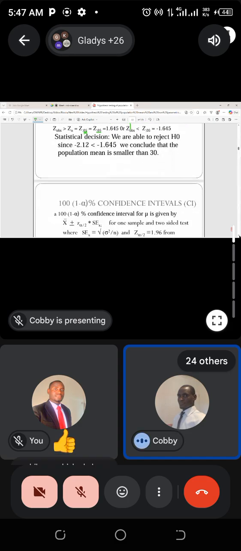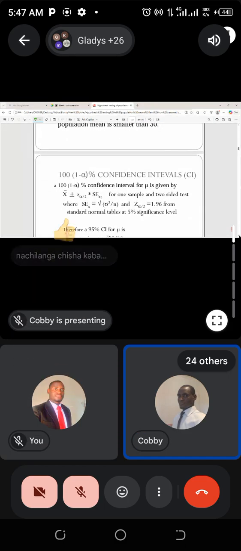Okay. So now we can test this same hypothesis using the 95% confidence interval. So this is another way of testing the null hypothesis.